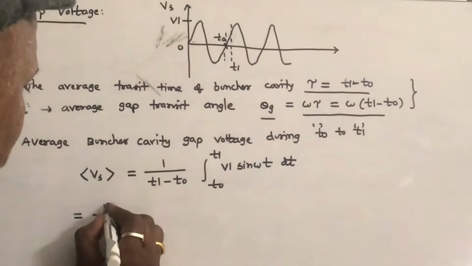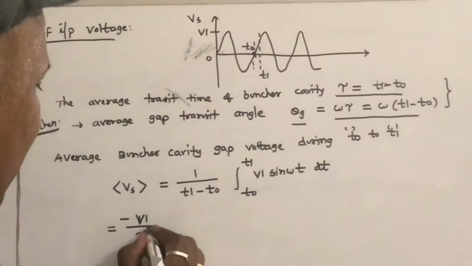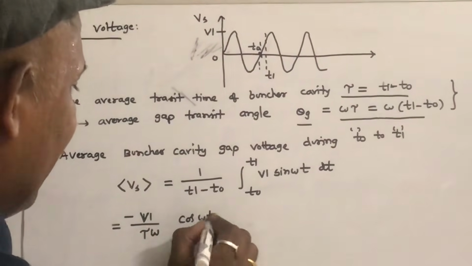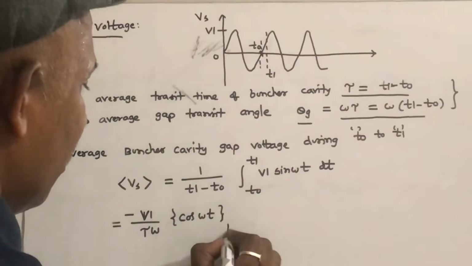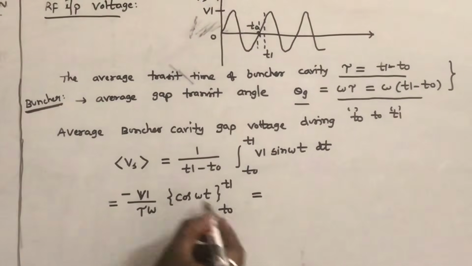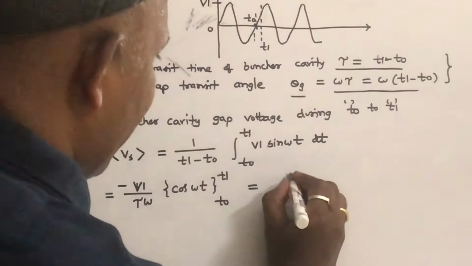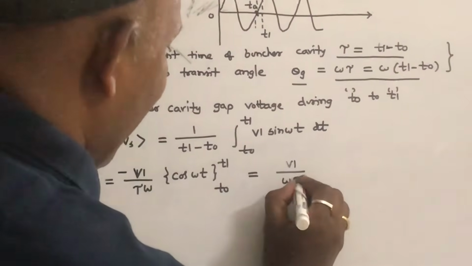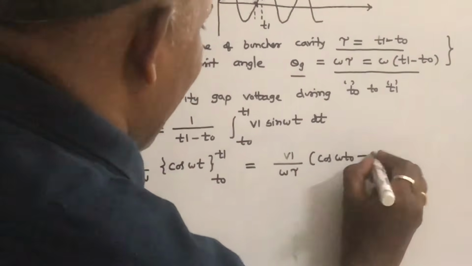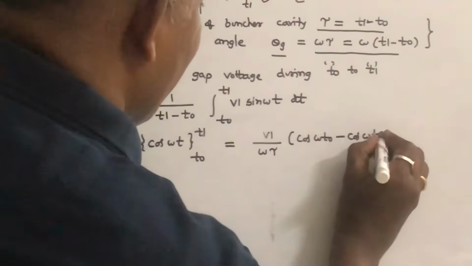V1 is the amplitude, take it outside. So sine integration is minus cos. Take omega outside, cos omega t. The limits are T0 to T1. So if you substitute upper limit and lower limit, multiply with minus. So therefore it is written as V1 by omega tau into cos omega T0 minus cos omega T1.